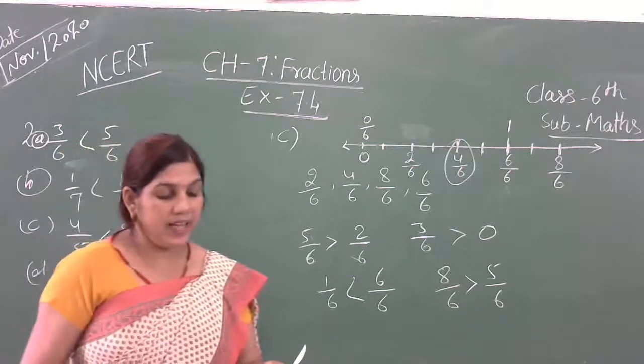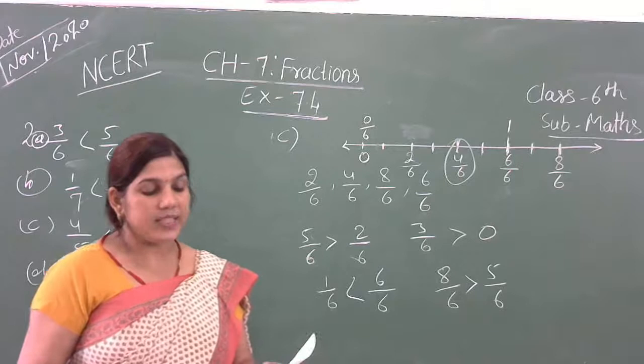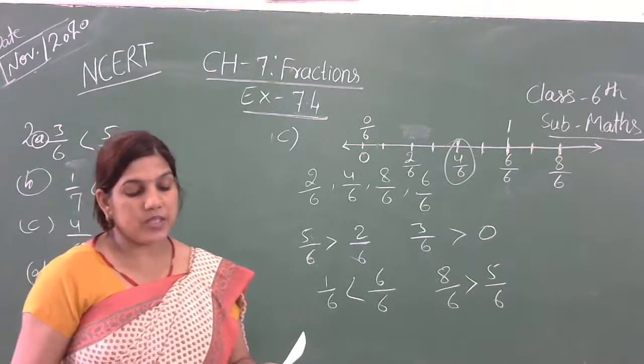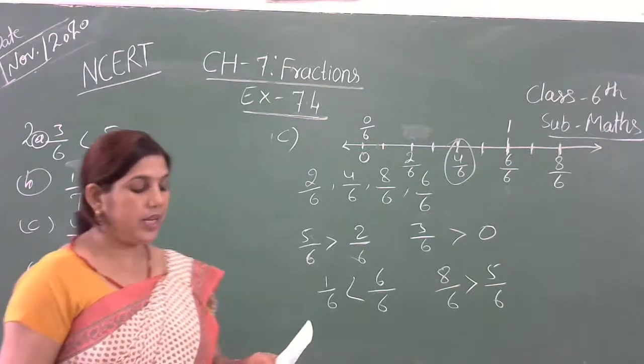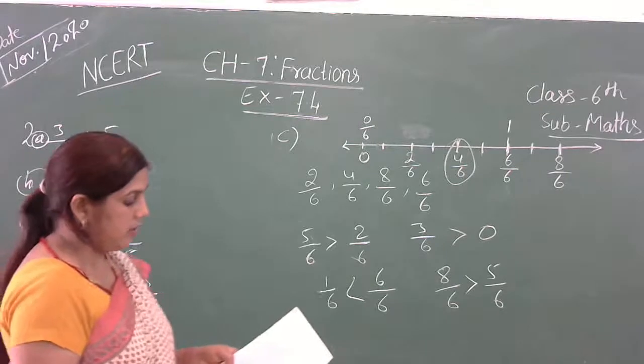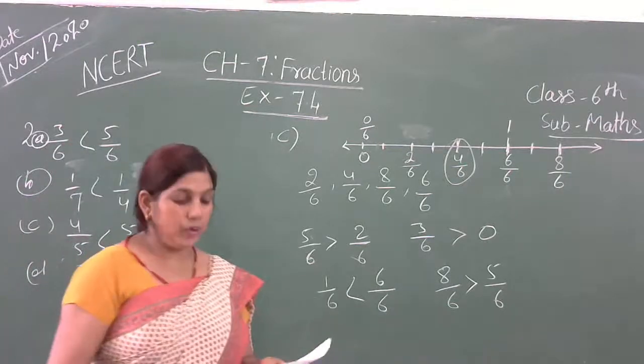Look at the figure and write greater than or less than or equal between the given pairs of fractions. Okay, so the figure is given here. You can see in your book.